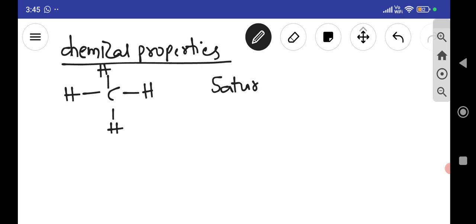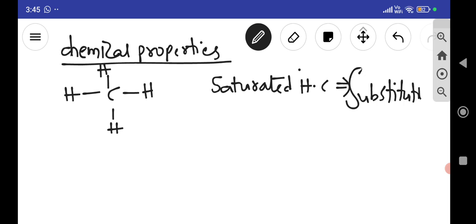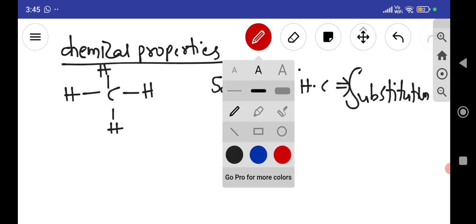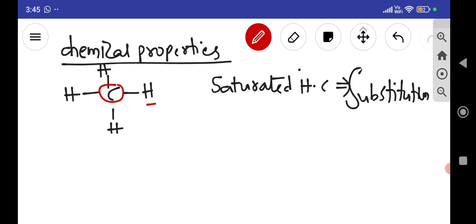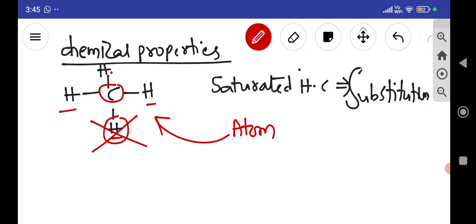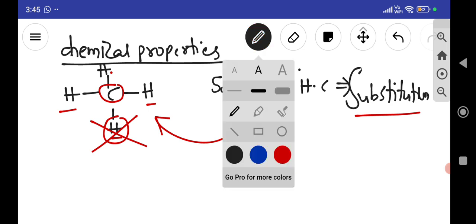And remember that the important reaction shown by saturated hydrocarbons is substitution reaction. Why can you do only substitution? Because carbon already has a valency of 4 and you have 4 hydrogens. To introduce another atom, what you need to do is remove one of the hydrogens and replace it. That reaction is known as substitution reaction.